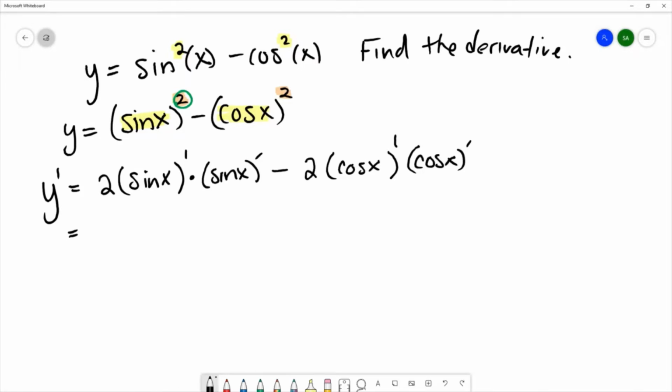So to simplify this, I've got sine x to the first power, which is sine x. The derivative of sine x is cosine x. Then I have cosine to the first power, which is just cosine. The derivative of cosine is negative sine x.